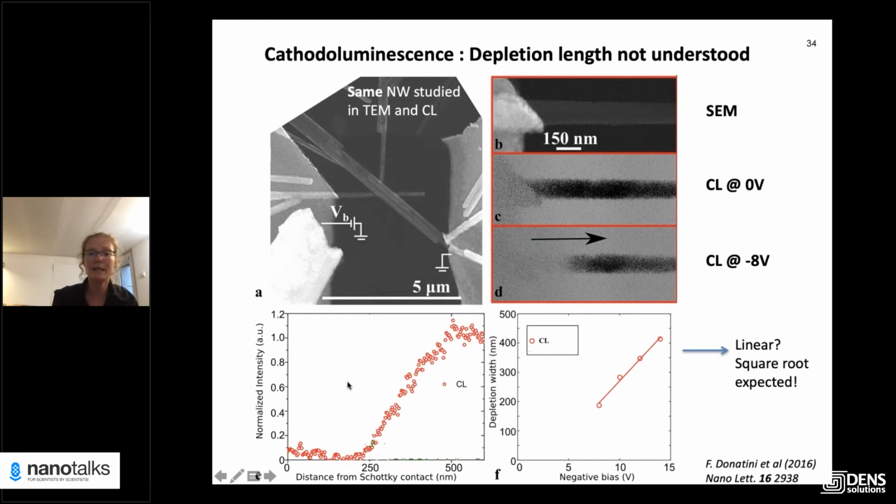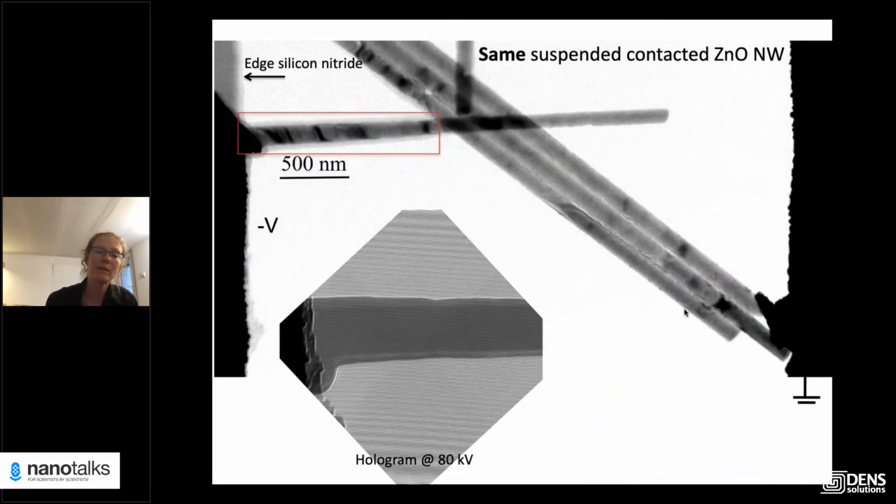From a profile in this kind of map, you can then extract the depletion length as a function of bias, and you always find this linear relation of depletion width as a function of bias. And this is difficult to understand because from bulk equations or finite element simulations, we expect a square root extension and not a linear relation. So this is why we thought, well, let's try holography and see what we will see.